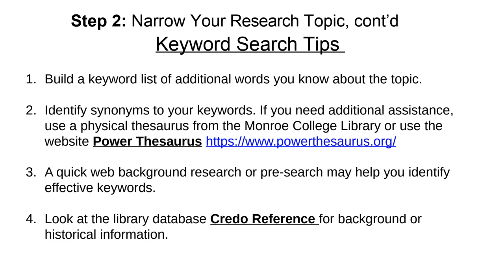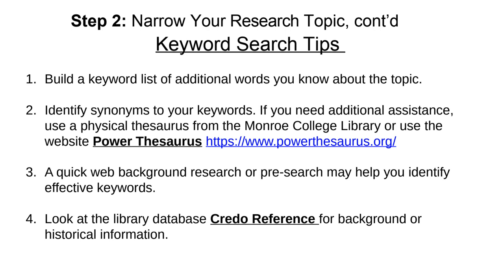Build a keyword list, because if you put the same keywords into the same library databases, or even into any search engines, you're going to get the same results. That's why we need keyword lists to build up what we're looking for. Next, identify synonyms to your keywords.